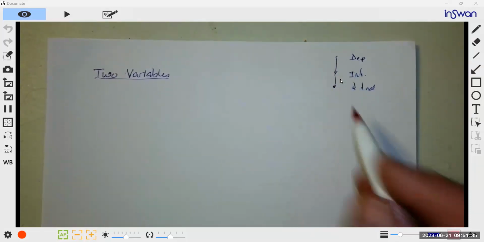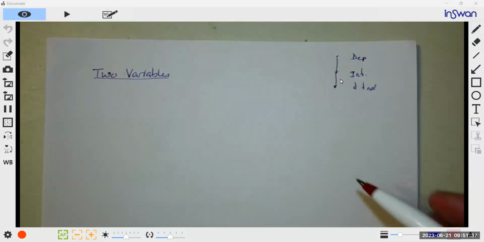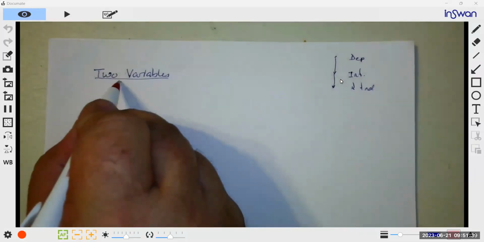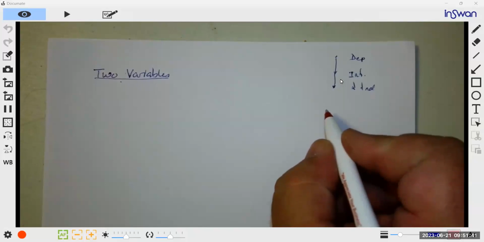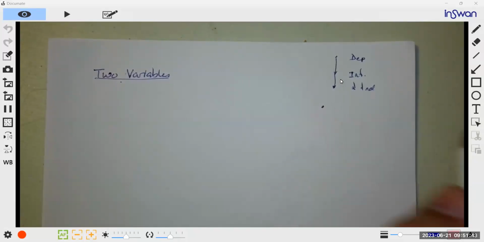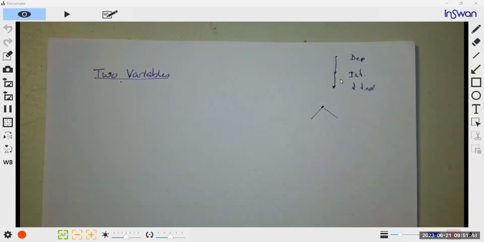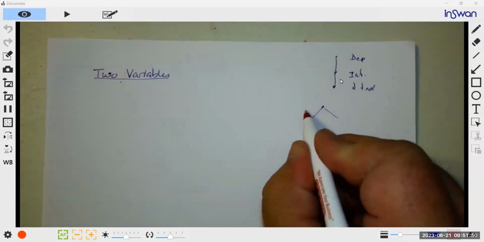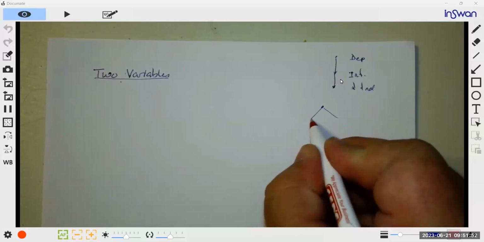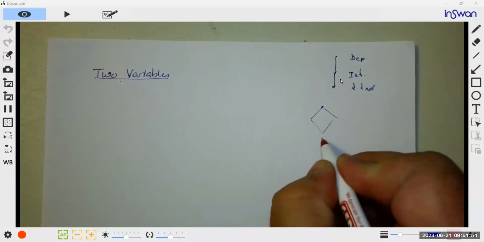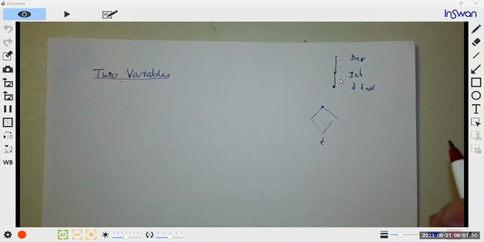Because we only had one variable, we go straight down one line. When we have two variables, we'll now take two paths. And then from there, we'll end up with our t.